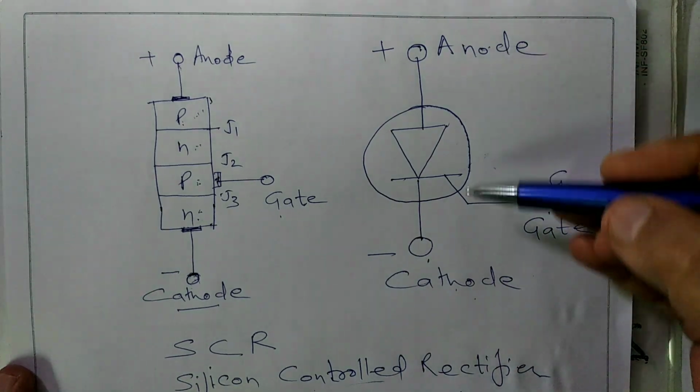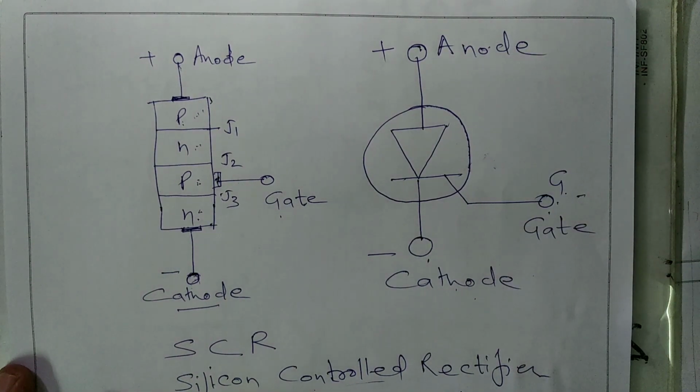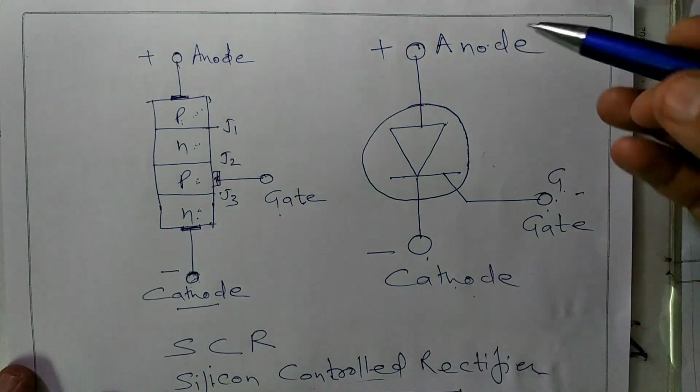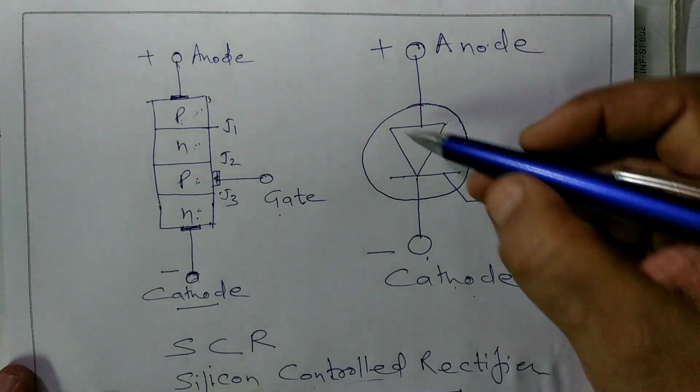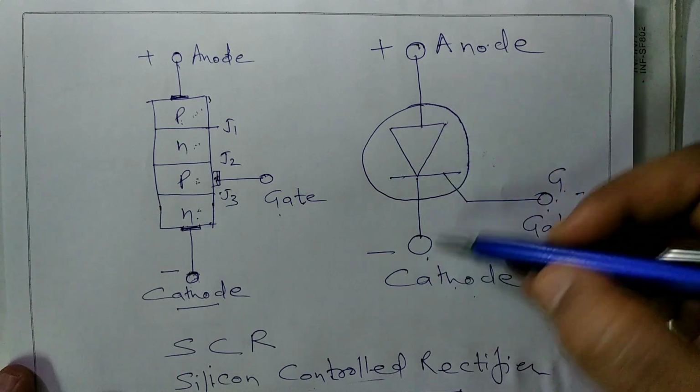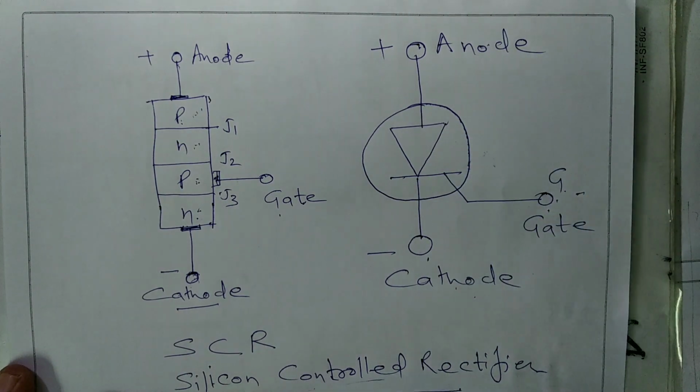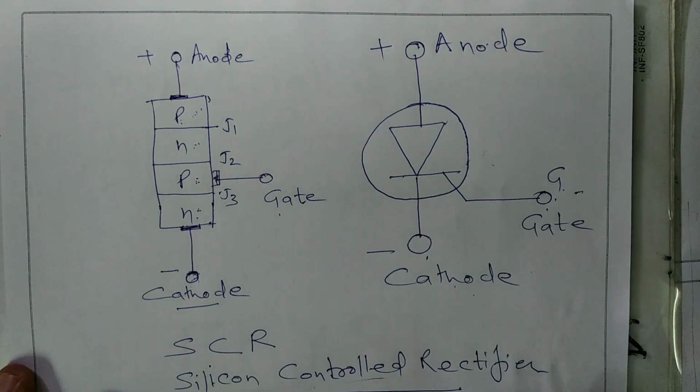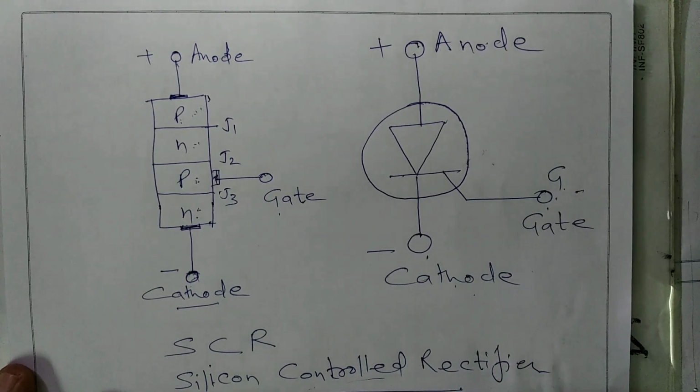But the current flows only in one direction, in the direction of this arrow, from anode to cathode. So therefore this device is called a controlled rectifier.